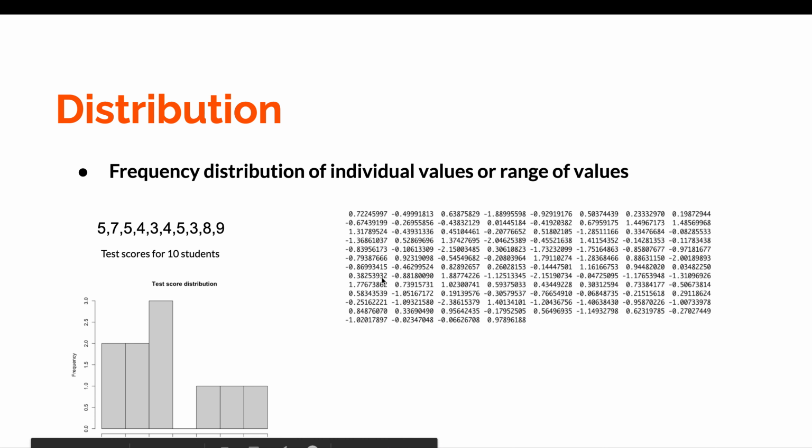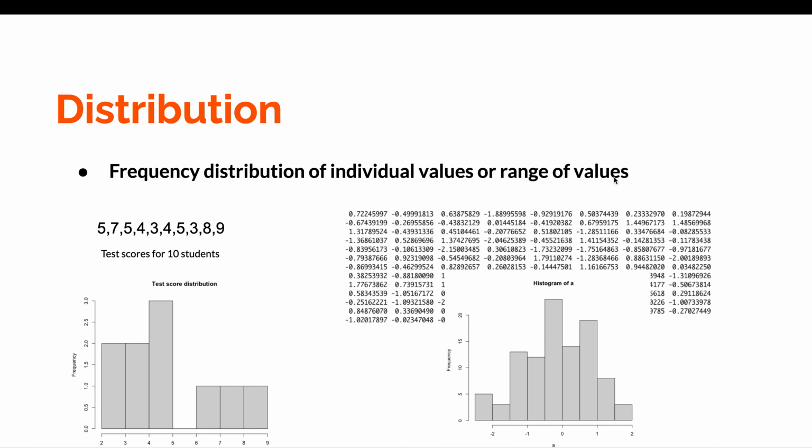So for such cases, we go for another option, which is range of values. Instead of counting frequency for individual values, we count frequency for ranges of values. If we look at this graph, there are around 15 elements in the range of 0 to 0.5.